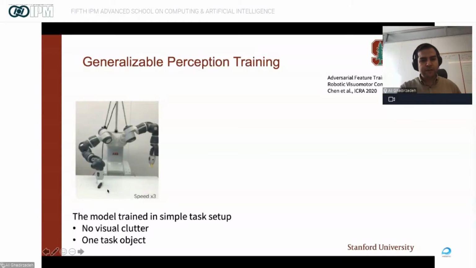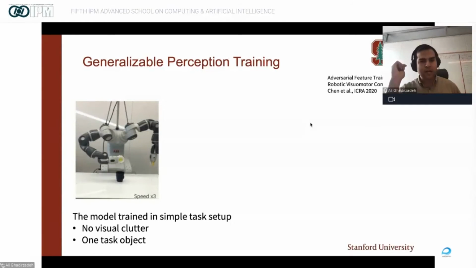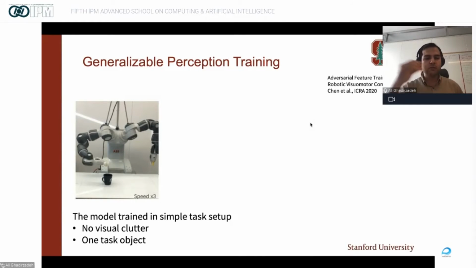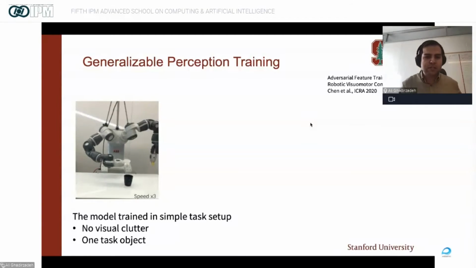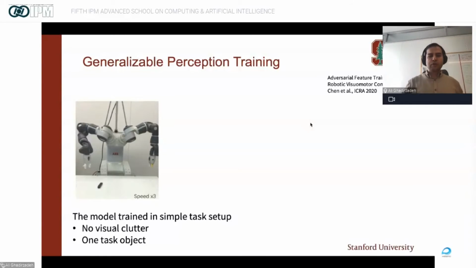First, we learn a task in a very simple environment. You see that the background is white and the object of interest is black, so it gives the best contrast, and we can use our EM policy optimization as described before to learn different kinds of skills. Here is a picking task and also a throwing task.